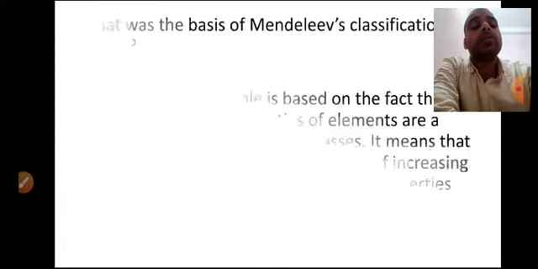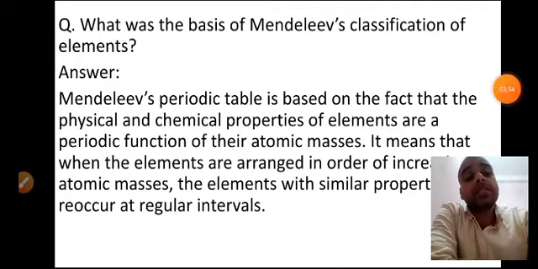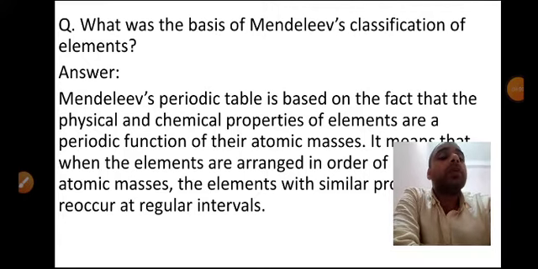Okay dear students, now the next question is, what was the basis of Mendeleev's classification of elements? We have discussed many times in the class that the basis of the classification of Mendeleev's periodic table was the atomic mass.